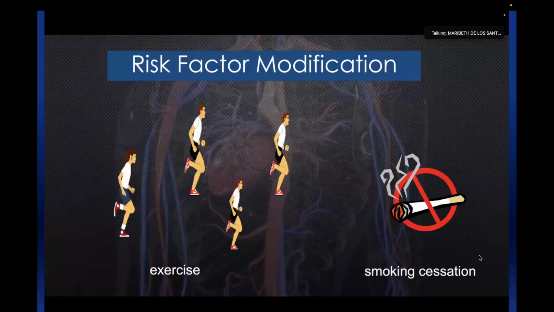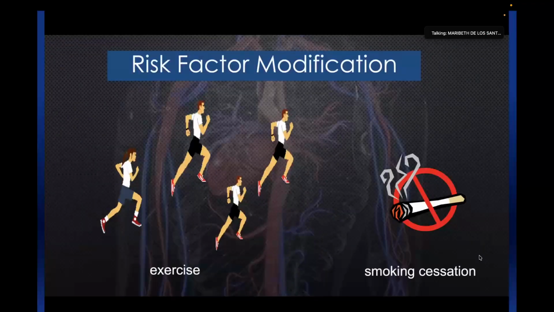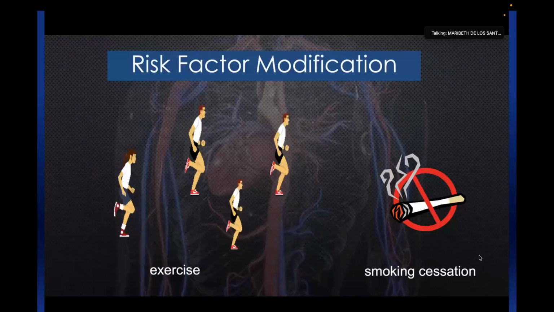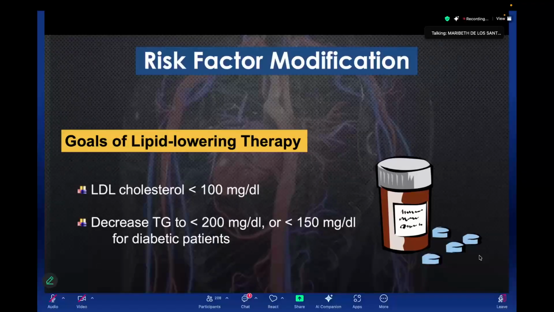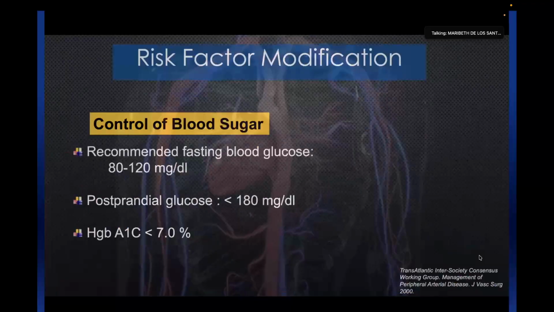Smoking is a significant factor for progression of PAD. For patients with PAD, the LDL or the bad cholesterol should be lowered to less than 100 milligrams per dL, and the triglycerides to less than 150 milligrams per dL.